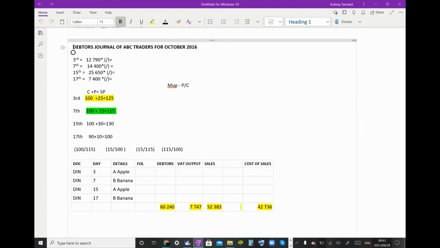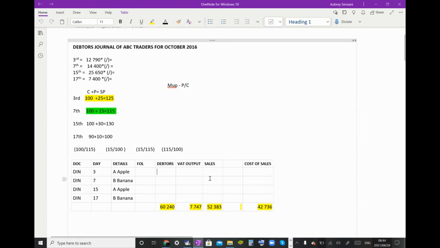And much like when you're in the cash receipts journal, this is pretty much the same as the cash receipts journal. The only difference is we're only dealing with sales of trading inventory, and we don't have a bank account. We have a debtors column. Okay, can you see that? Remember when we did the accounting equation, if we sold on credit, we said debtors is affected, not bank. Okay, here we're seeing that.